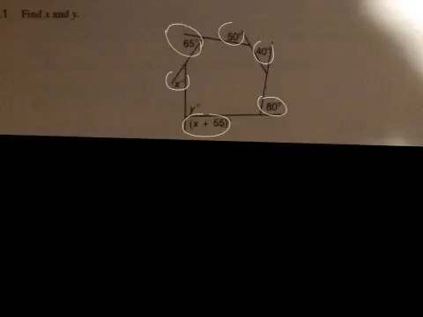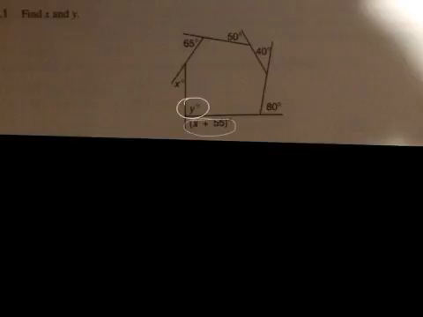Now they're asking you to find out what the y is. And the y is going to be this. And if you notice, we have this here. And we found that x is 35. So x plus 35 would be 55.